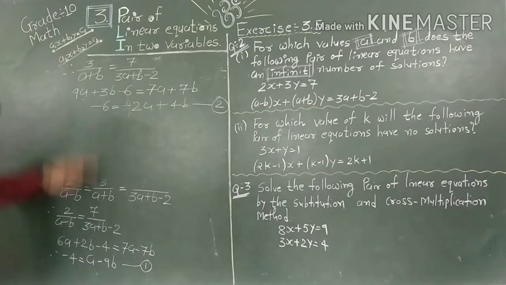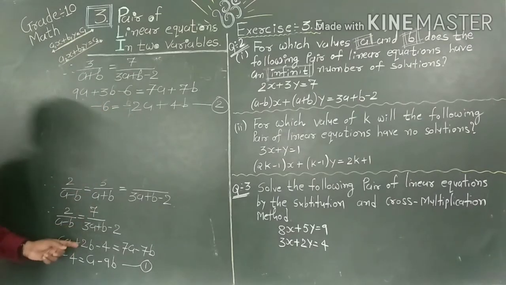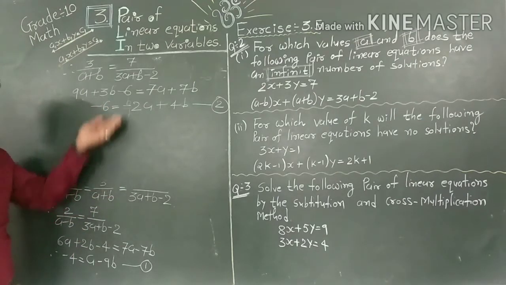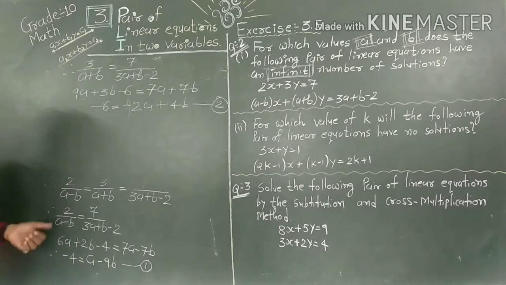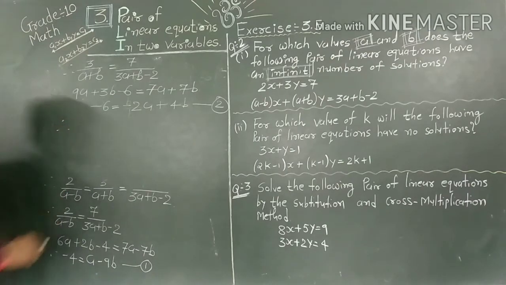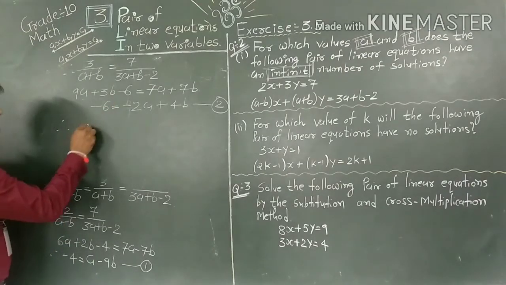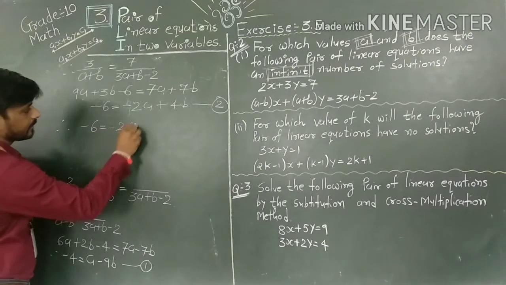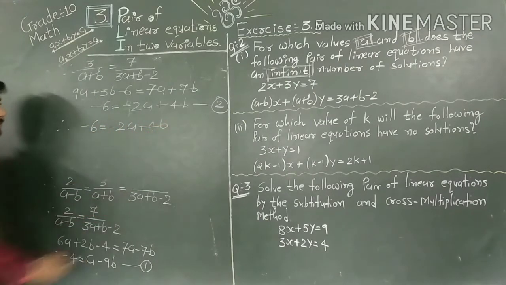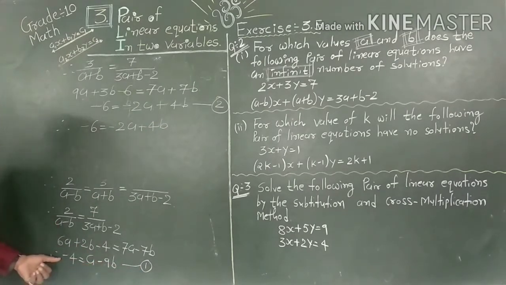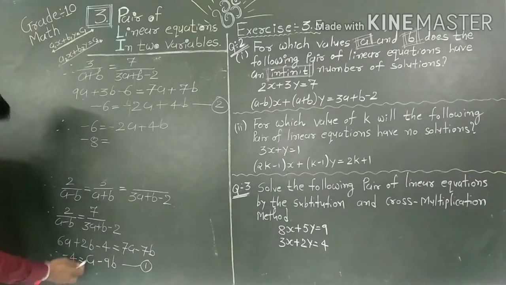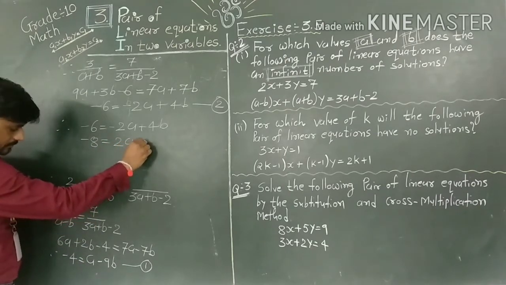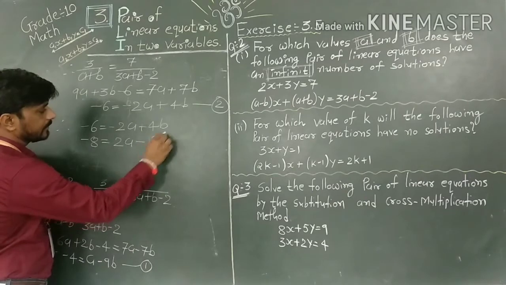Now we solve these equations by any method: elimination method, substitution method or cross multiplication method. The choice is yours. I apply the elimination method. First I write this equation as it is, minus 2a plus 4b, and I multiply the other equation by 2 because we want 2a here. 4 2s are 8, minus 8, 2a, minus 9 2s are 18b.